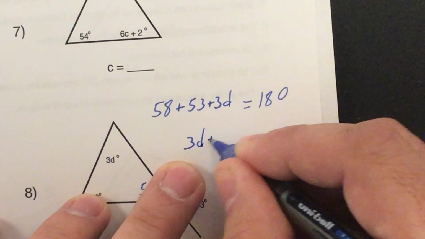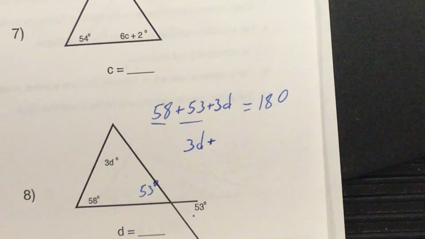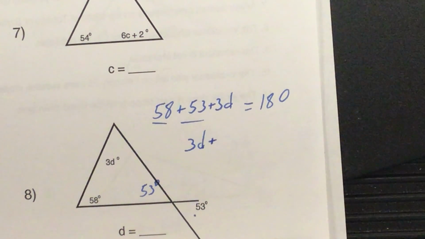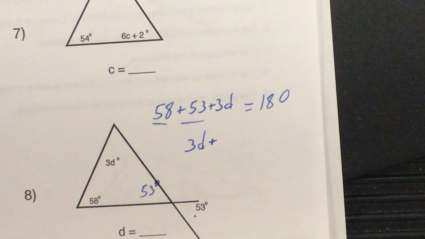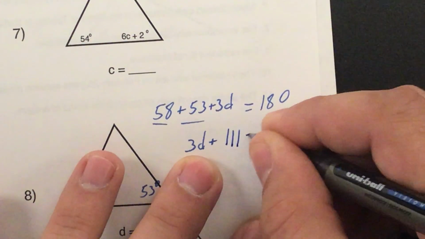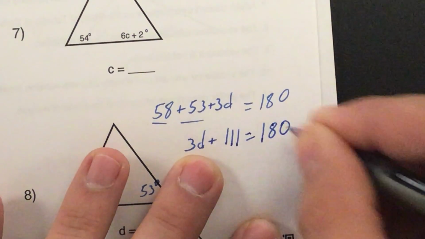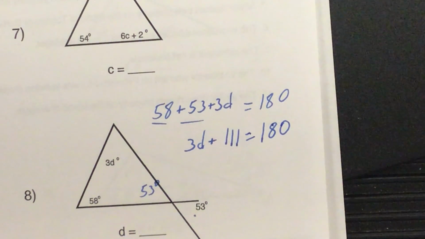All right, so let's combine just the numbers. 58 and 53. 111. Now what?